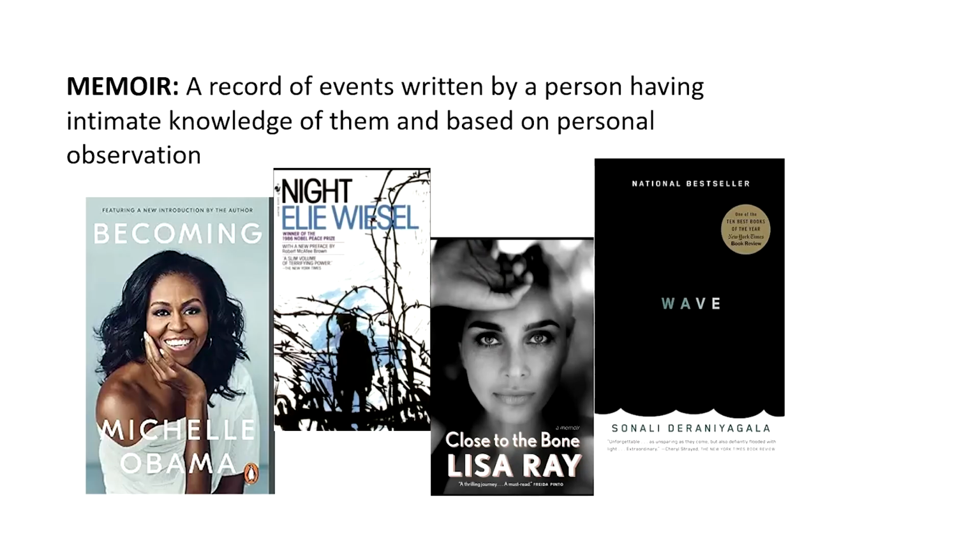Then let me talk about another genre, which is memoir. This is a record of events written by a person having intimate knowledge of them and based on personal observation. There is some overlap between autobiography and memoir.